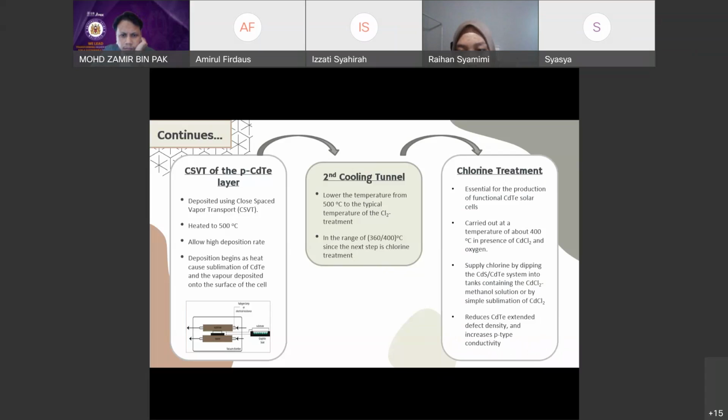The chlorine can be supplied by dipping the cadmium sulfide cadmium telluride system into a tank containing the cadmium chloride methanol solution as shown in the figure, or by simple sublimation of the cadmium chloride. This treatment reduces the cadmium telluride standard defect density and also increases the p-type conductivity.